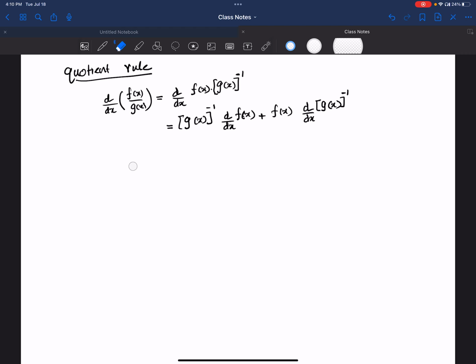I name y as g of x to the power negative 1, and I define u as g of x.